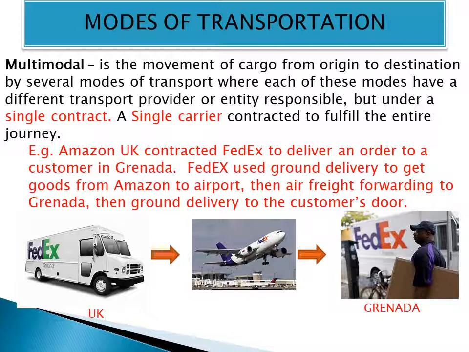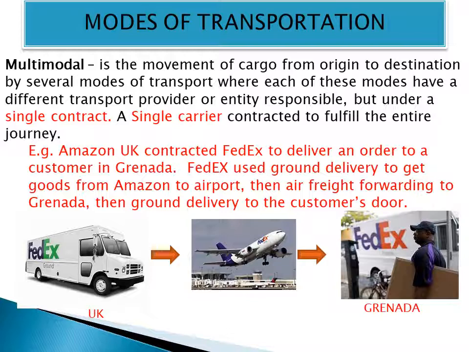So FedEx, for instance, is known to have about 600 plus of their own planes, and I assume probably double that of the land transport for getting goods around. And they are in many countries in the world, probably hundreds of countries in the world, if not more. So in this example, when a good is ordered, let's say Amazon contracted FedEx to deliver an order.